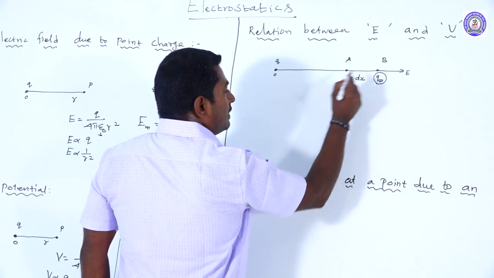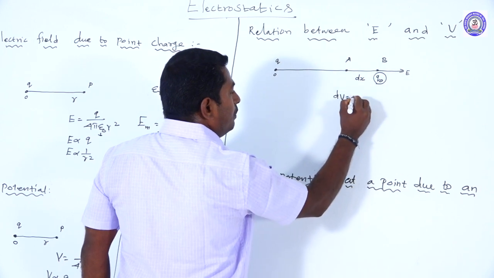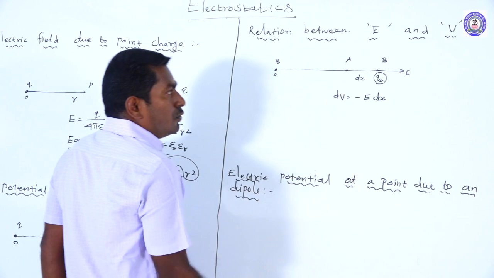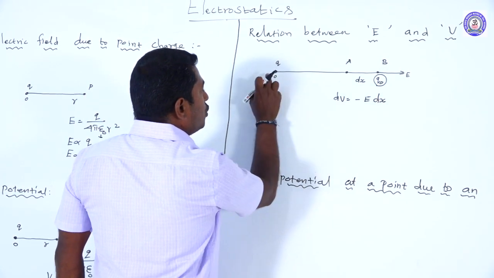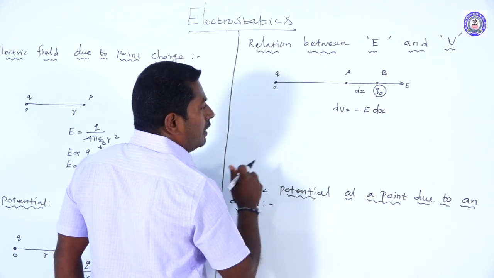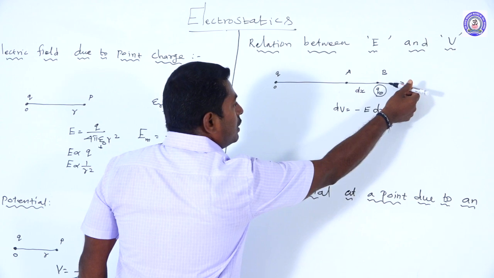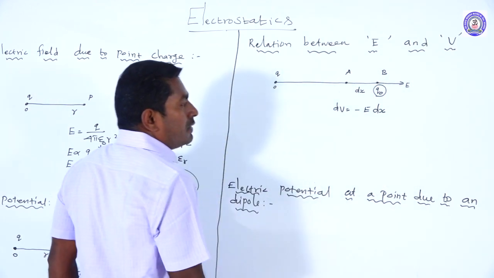That work done is nothing but the potential difference between the two points A and B, which is minus E dot dx. So this is the potential difference between the two points in an electric field produced by the source point charge. It is the total amount of work done in moving a unit positive charge from one point to another point against the electrostatic repulsive force.